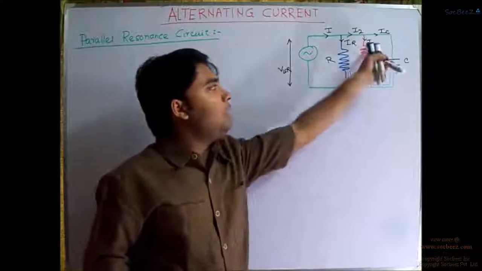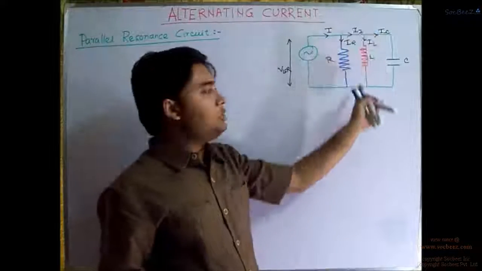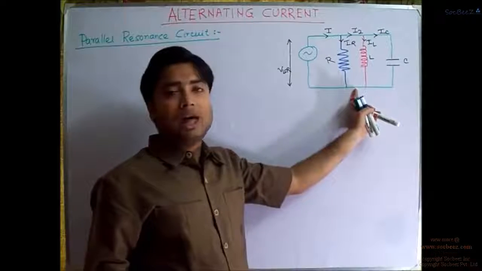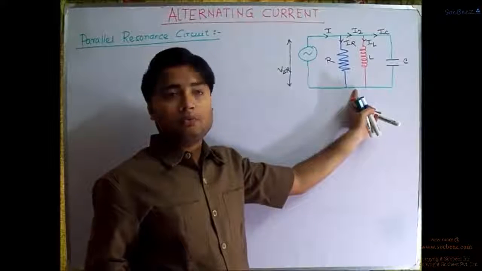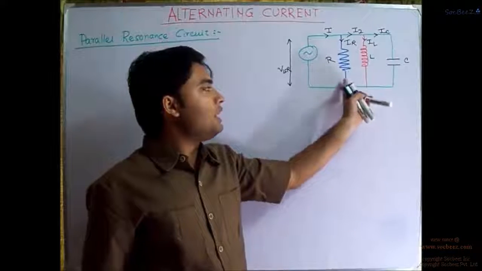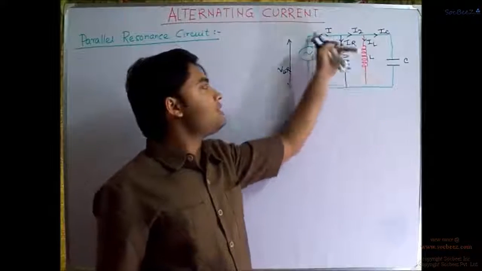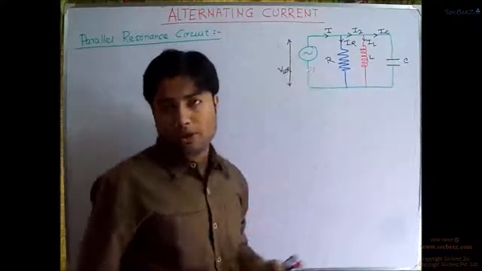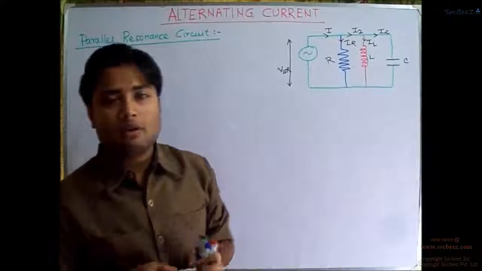The value of IL plus IC is simply equal to I2, so at this area we will see I2 amount of current flowing through. Again, after this junction, we shall see that this I2 plus IR will be over here, which implies that the current I will then be passing through it, right?